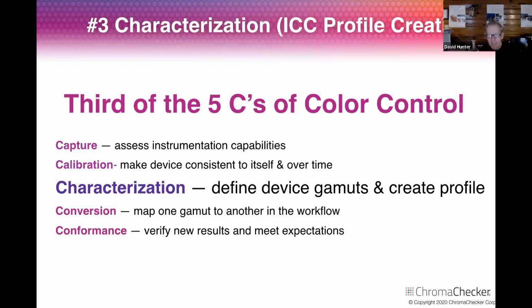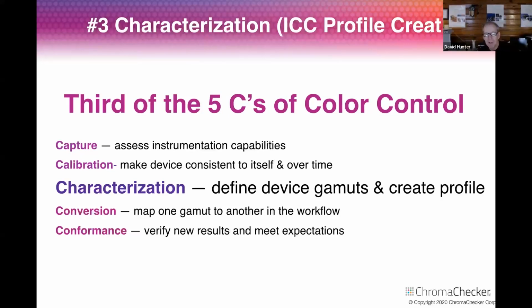And today's presentation is, once you have your device consistent to itself and repeatable, then it's oftentimes of benefit to build an ICC profile that essentially understands the language of color that each device speaks, so that we can talk next month about the conversion C, which allows us to convert color from one device to another device, so device A matches device B. So that's next month's topic, which is the 4th C, all about conversion.